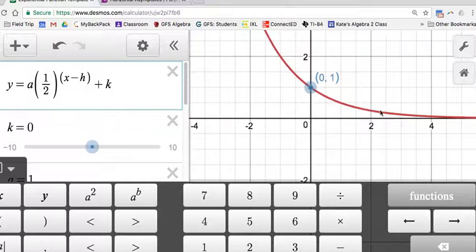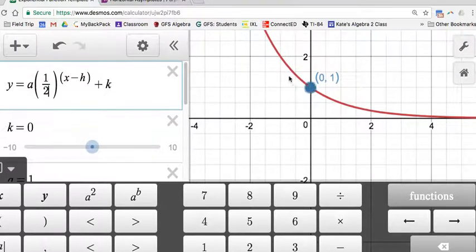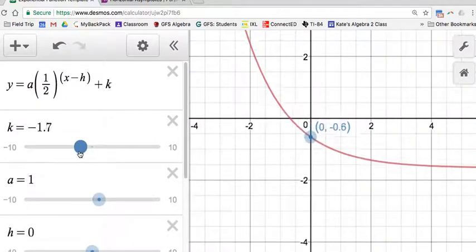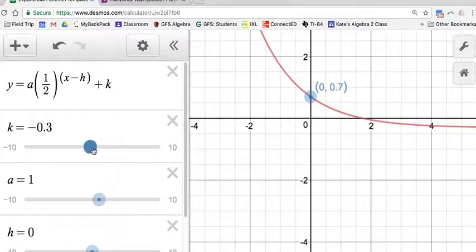And notice now what the graph is doing. It's coming down and it's getting closer and closer to the asymptote, as opposed to getting further and further away from the asymptote. So it's decaying toward the asymptote. And you can play around with some other values there to see what that would look like in different contexts.